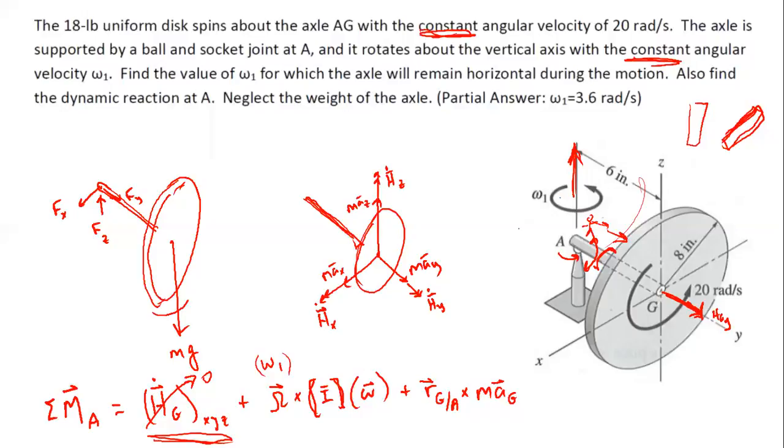Okay, and then if I look at the r cross mag term, if everything's constant there, which way is the linear acceleration of G pointing? Yeah, so it's just going to be normal, pointing right back through towards the center. So this term is going to go to 0, because this is just normal only.